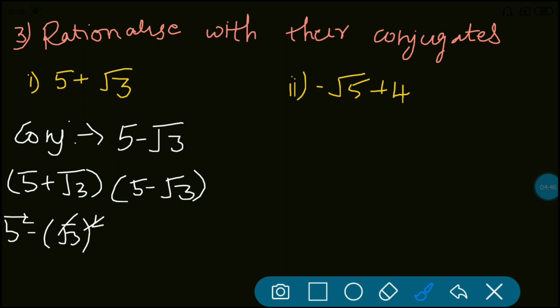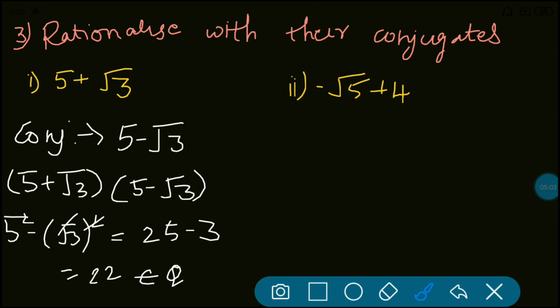The square and square root will get cancelled, so that step is not required, I hope. 25 minus 3, because 5 square is 25 and 3 remains as it is. 25 minus 3 is 22, which belongs to the rational number set. That is a rationalized one now.